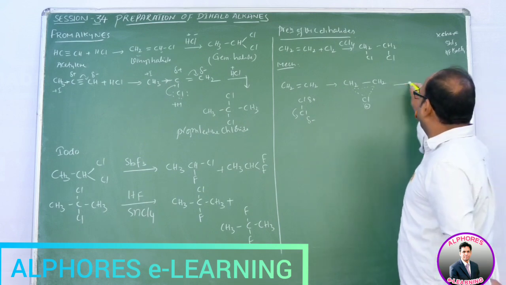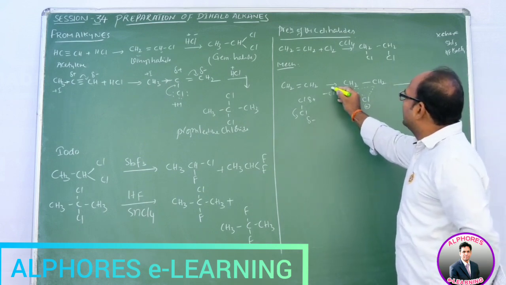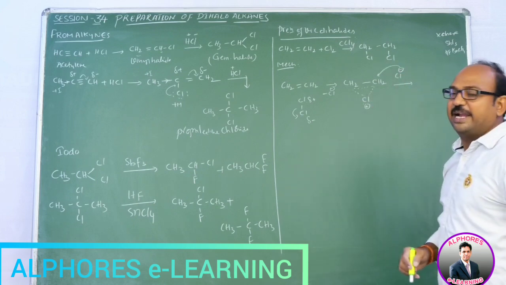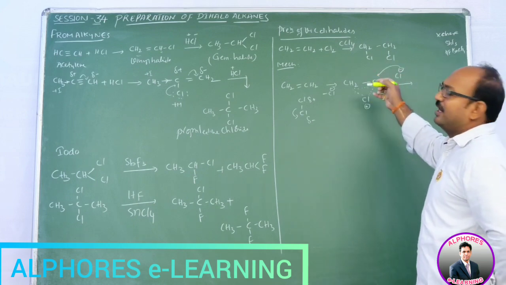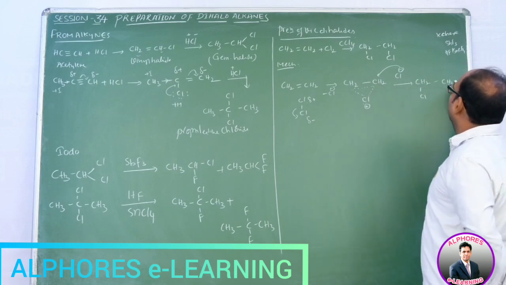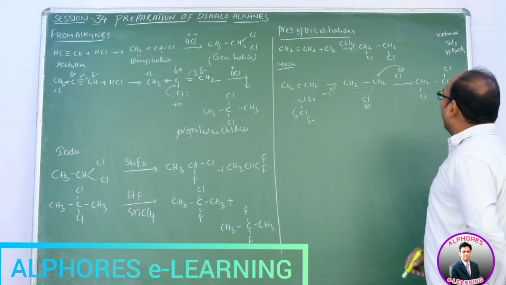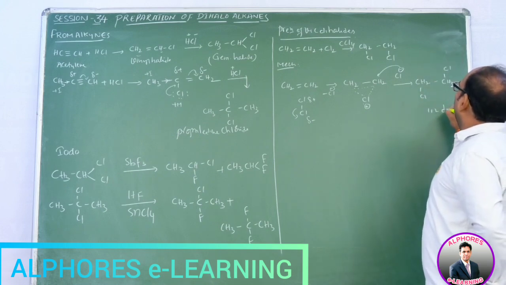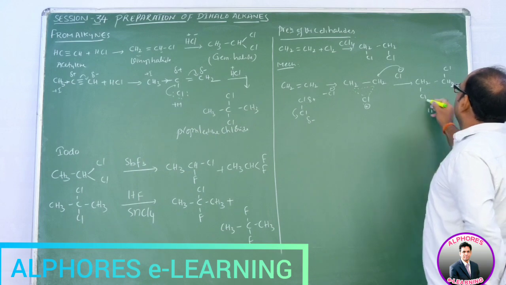After formation of the halonium ion, Cl minus has to attack from the rear side with respect to this cyclic transition state. Then we are getting the product CH2Cl-CH2Cl, 1,2-dichloroethane.